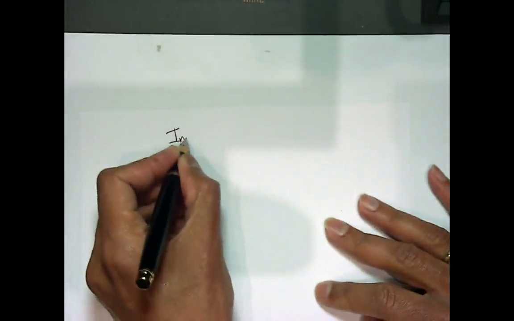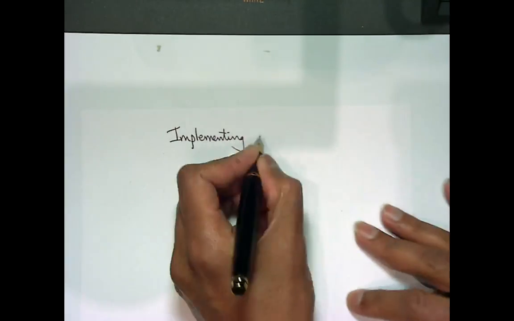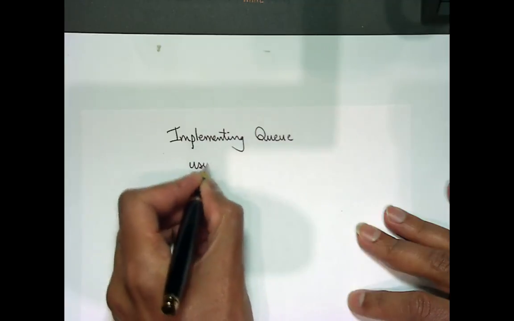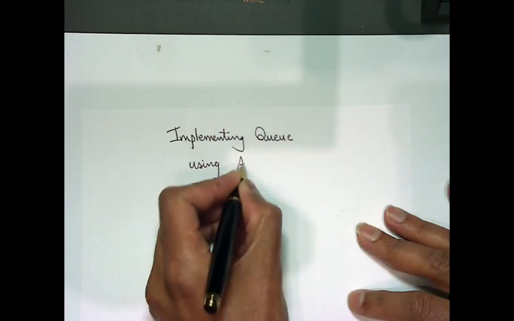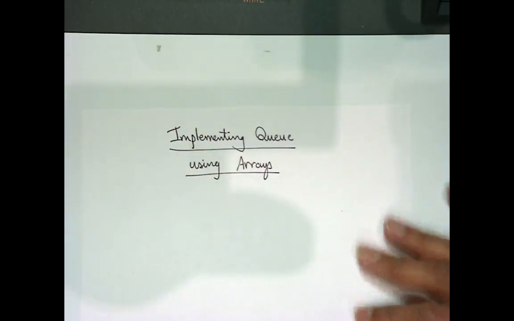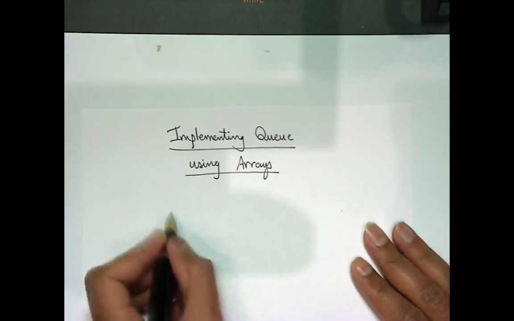Okay, but here's an interesting thing, which is implementing a queue using arrays. It's actually kind of interesting. So you might have a queue as just an array.